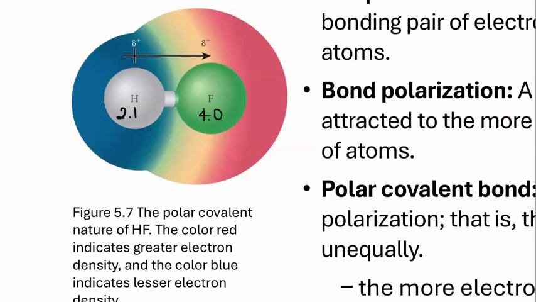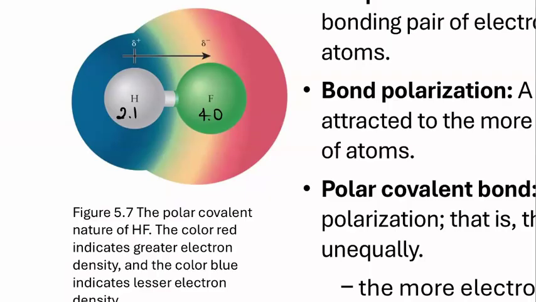The heat map that we have shows us the greater electron density in this molecule. The blue color represents less electron density, while the red color represents higher electron density.